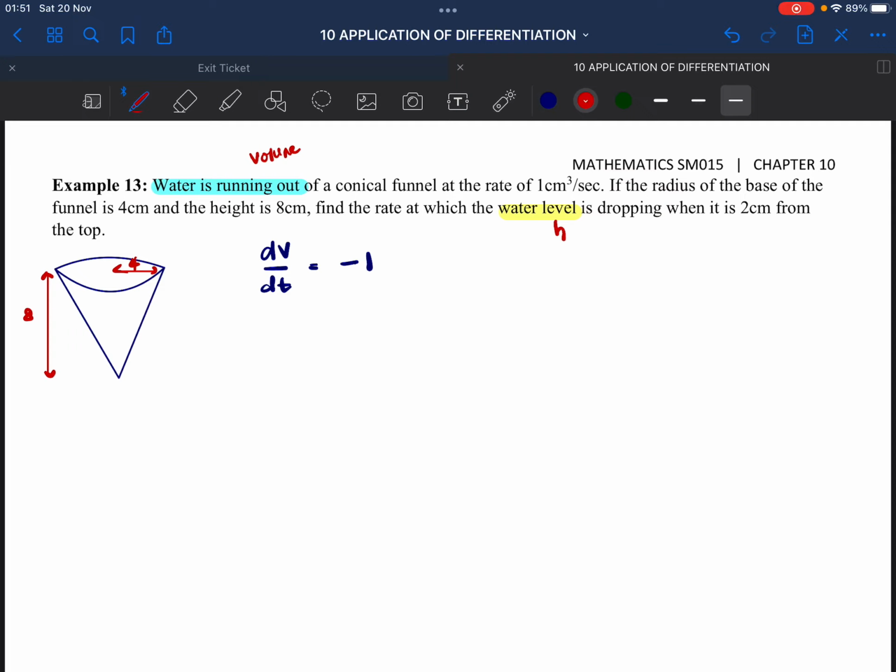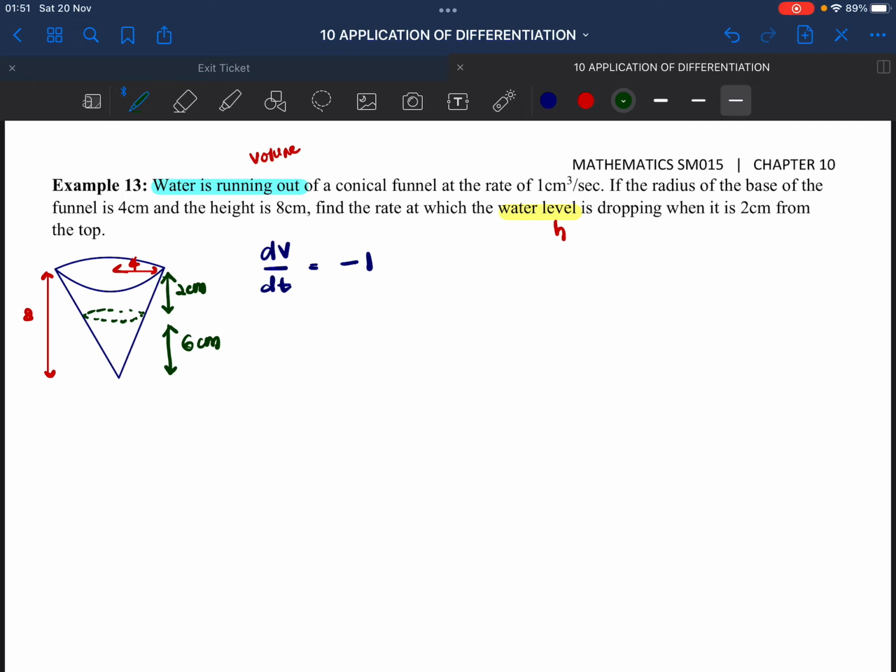Let's say your water is here, 2 centimeter from the top. That means the height of the water is, since the height of the conical funnel is 8 centimeter, 2 centimeter from the top means the height of the water is 6 centimeter.